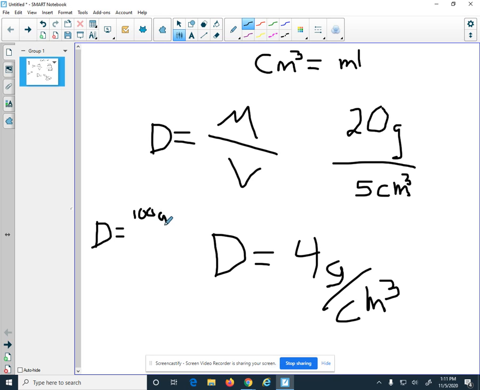I still have the same volume at 5 centimeters cubed. What is my new density because I stuffed more matter into this object? What's 100 divided by 5? 20. 20 grams per centimeter cubed.